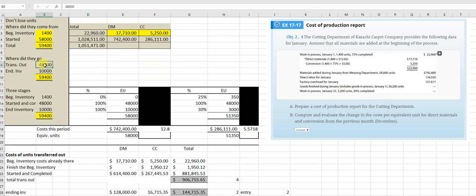My transferred out are 56,200, and my ending inventory is 3,200. If I add those up, I get 59,400, and I want this to be 59,400, so I can back into started and completed, which is 54,800. Let me just double check my math.